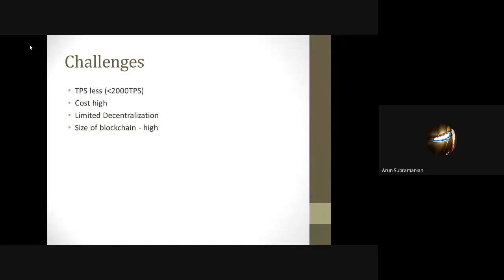Then we achieved limited decentralization. Limited decentralization is a positive, but we have achieved only limited decentralization. Because of the mining nodes, some of the nodes' cycles are still wasted, and even though they are given a reward, the reward is very minimal if they find it late.